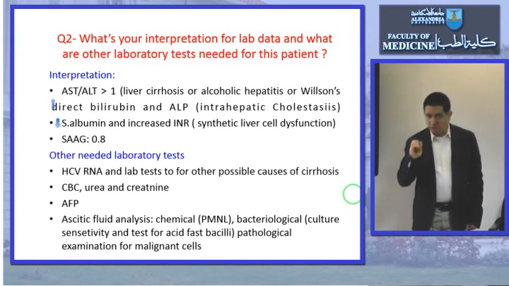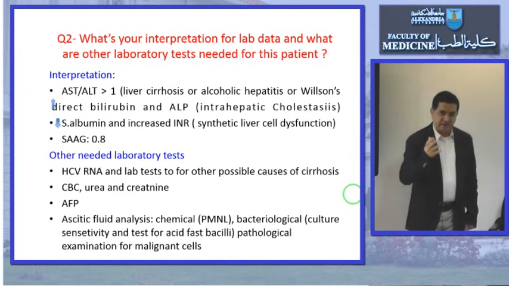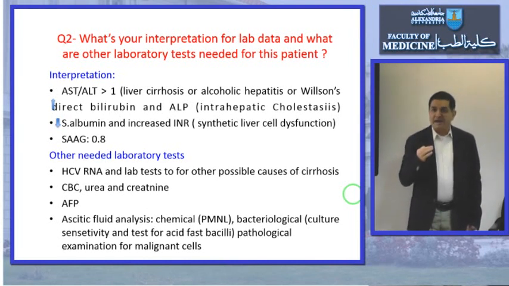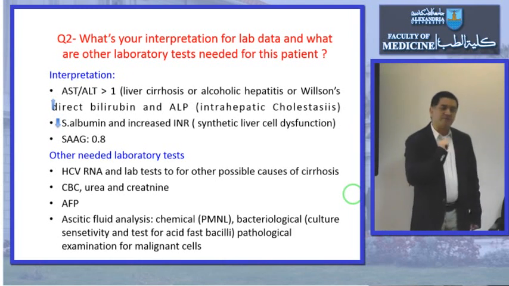So hemoglobin is important. Platelet count will give us an idea about how far the severity of liver cirrhosis is and if the patient's enlarged spleen is associated with hypersplenism or not. But very important to look at white blood cell count, because here you have a patient with infection or possible infection.